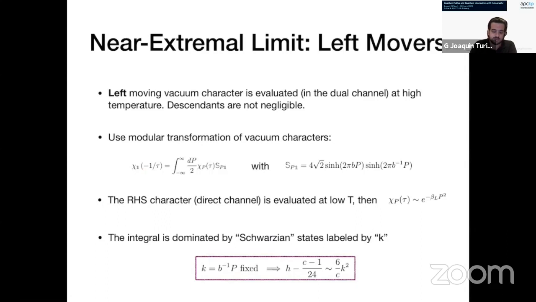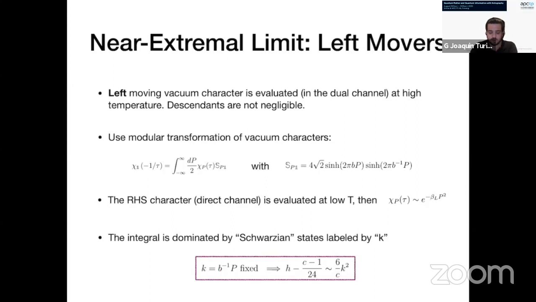For convenience, we will write it in terms of P, the momentum of the state. The sum over real P means that in the direct channel, we only have states with HL bigger than C/24. And when you take into account that the left moving temperature is of order C, only states with P/B fixed contribute in the near extremal limit.